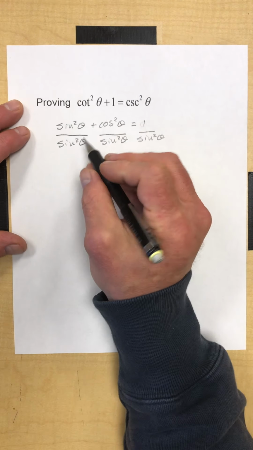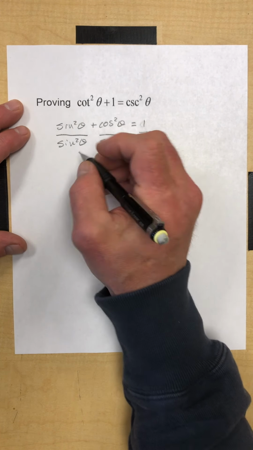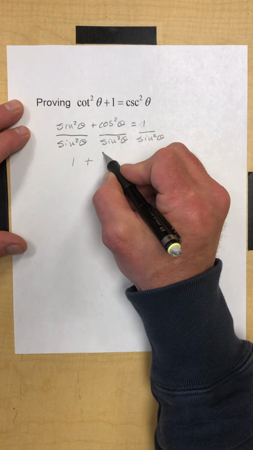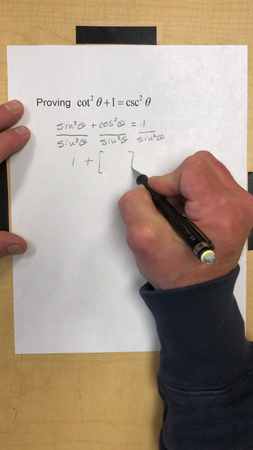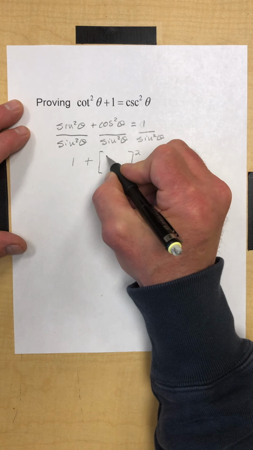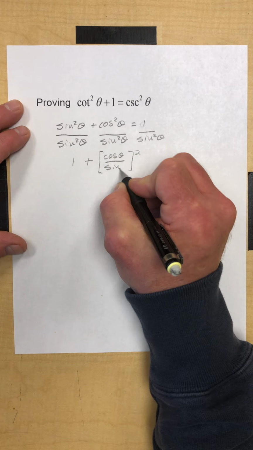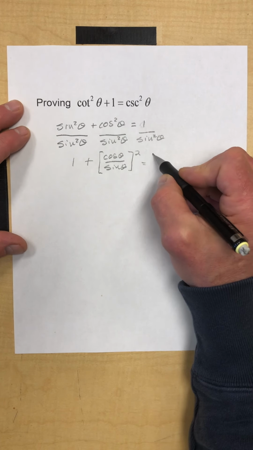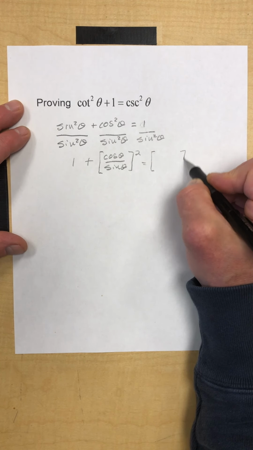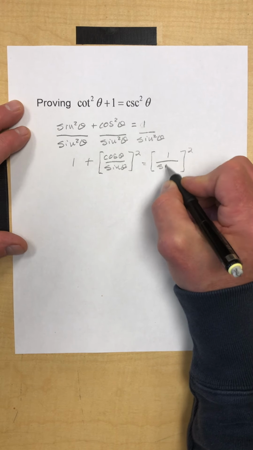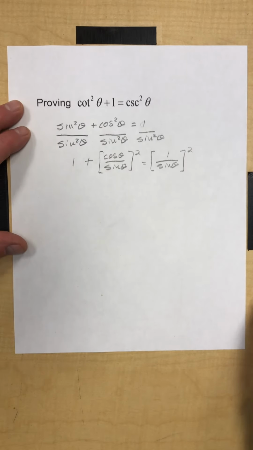Again, we know sine squared theta over sine squared theta is just 1. Now remember, this right here is the same as the second power of cosine of theta over sine of theta. And this guy would be the second power of 1 over sine of theta.